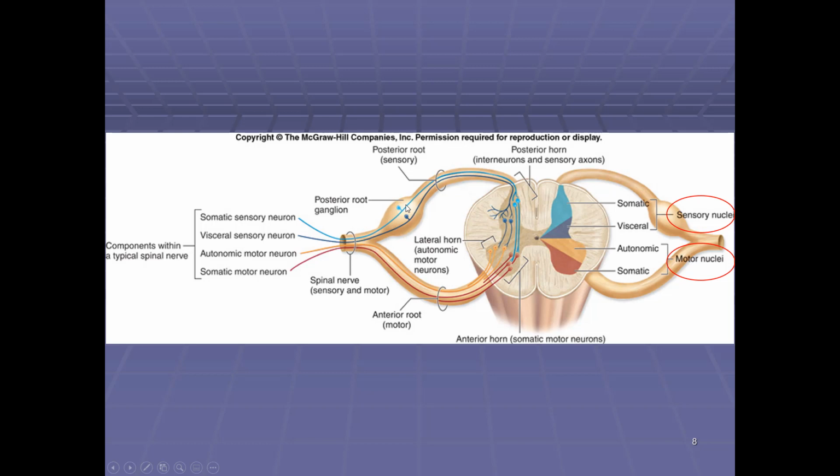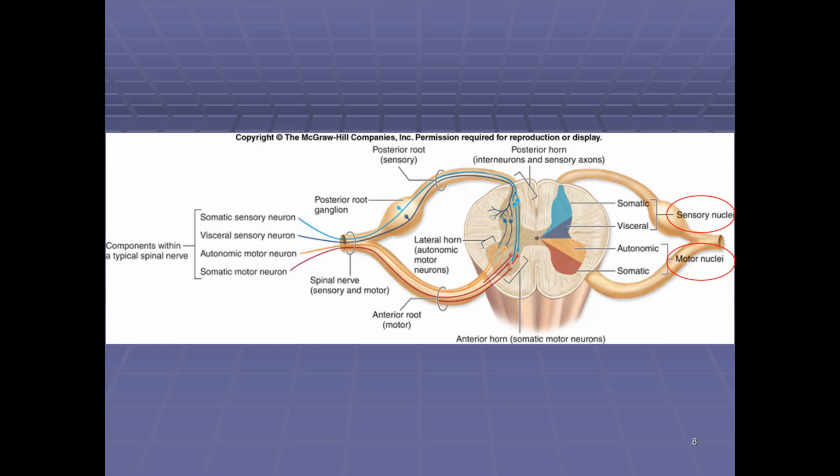There's an enlarged region in the posterior root called the posterior root ganglion, and that is where all the sensory neuron cell bodies are. The motor neuron cell bodies are either in the lateral horn or the anterior horn of the gray matter, and what determines that is whether they're autonomic or somatic.